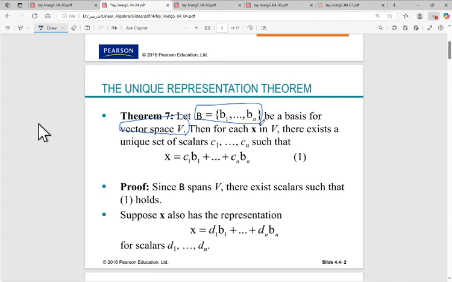So the first property: B1 to Bn span V. What does this imply? Could you repeat, doctor? B1 to Bn span V. What does this imply?